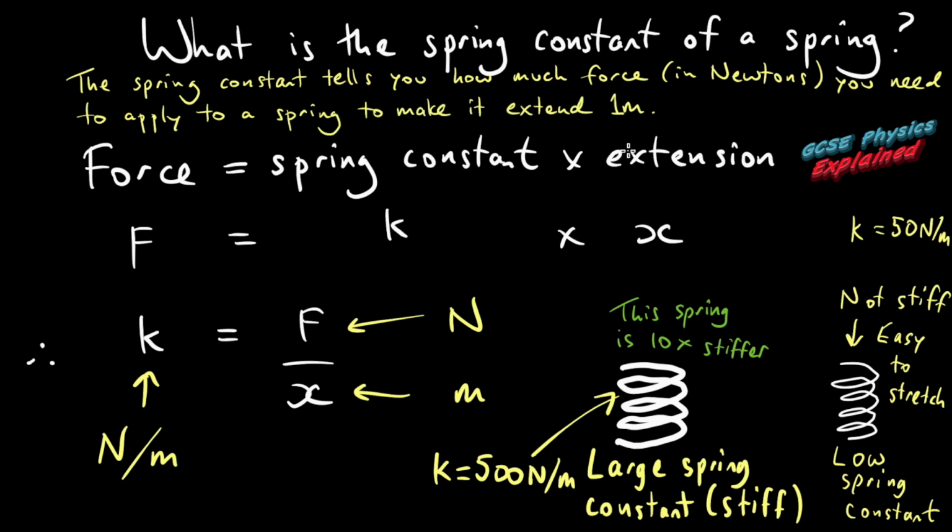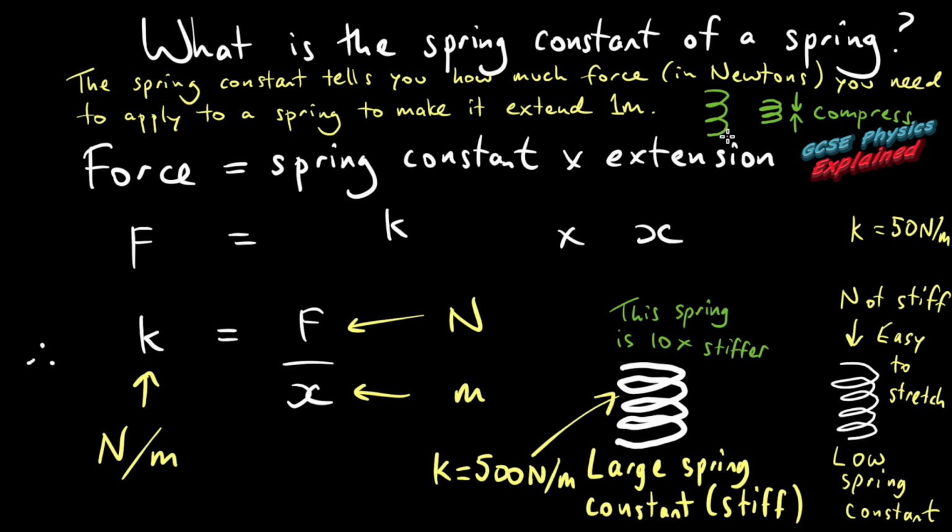Now that's the same as how much it would take to make it compress by a meter. So if you had a spring that was already stretched out and you were squashing it, so compress means to squash it.